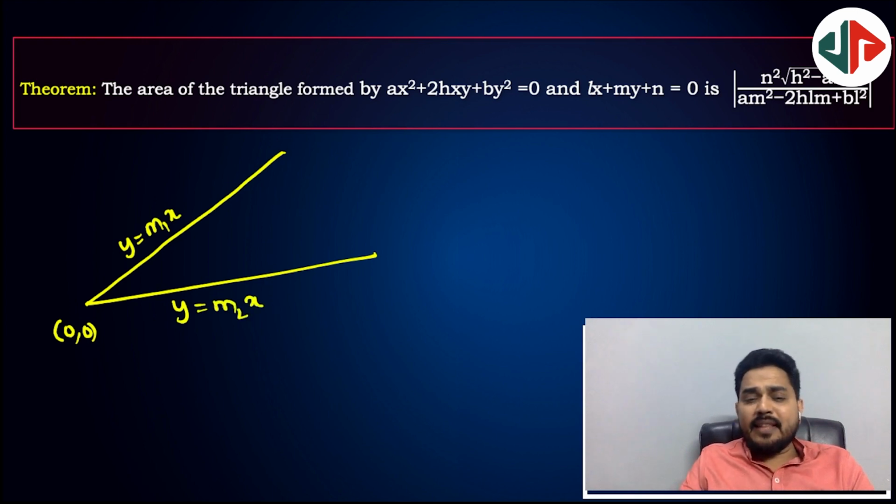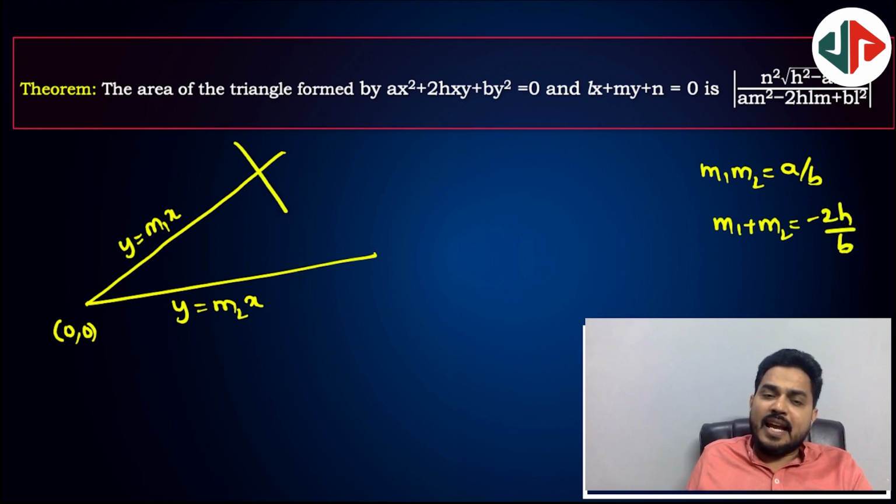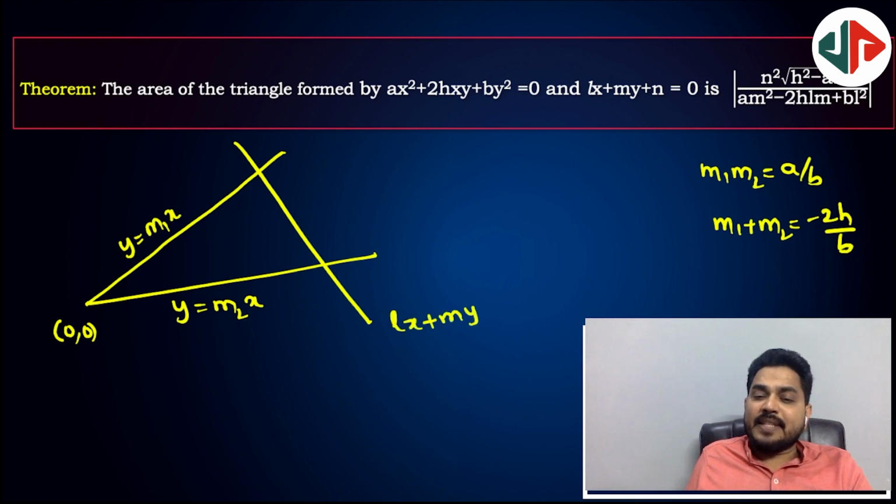So when I'm taking this one, the product is equal to this. Here you'll get M1 M2 is equal to A by B and M1 plus M2 is equal to minus 2H by B. And this is the line Lx plus My plus N is equal to 0.